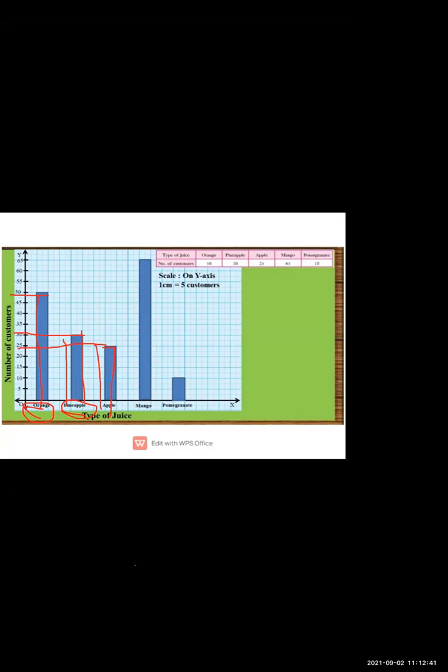On the previous slide we had to count between 60 and 70, but here it is already given. You make a line and write the name of the juice, mango. Next is pomegranate. Pomegranate is 10 customers, so 10 will be here. Write the pomegranate name.